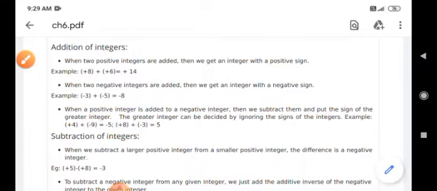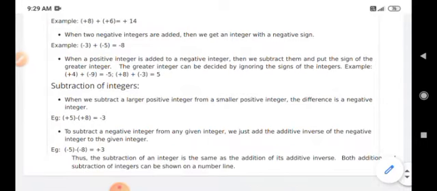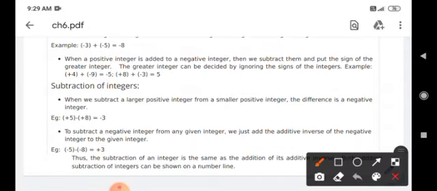Now come to the next point, subtraction of integers. When we subtract a larger positive integer from a smaller positive integer, the difference is a negative integer.